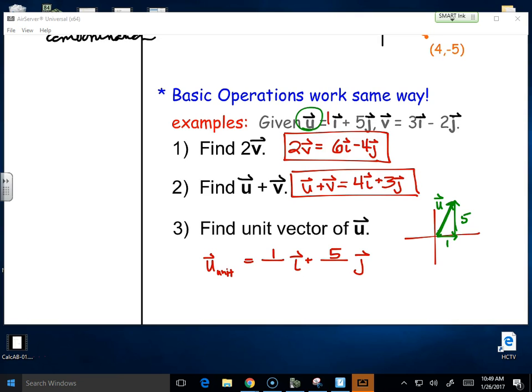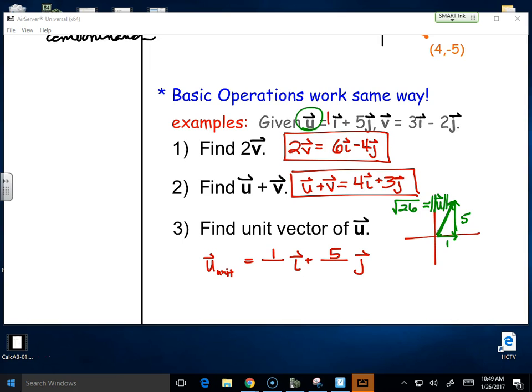What do I need? Yeah, I need to use magnitude in order to get back to a unit vector. So what's the magnitude of u, how do I show magnitude?